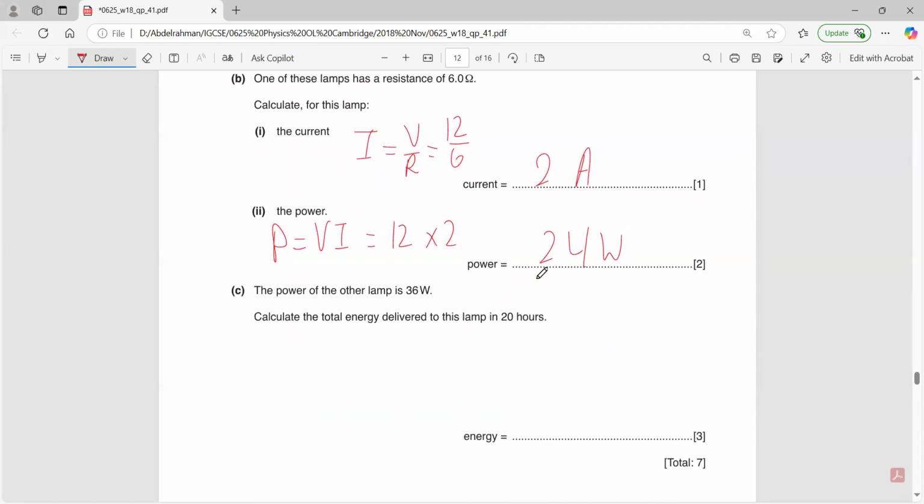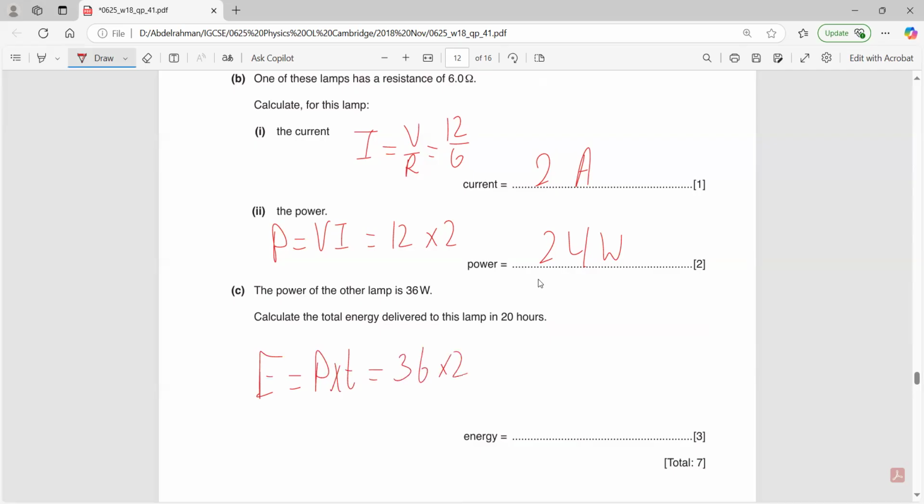The power of the other lamp is 36 watts. Calculate the total energy delivered to this lamp in 20 hours. Well, energy equals power times time. What is the power? 36 watts.